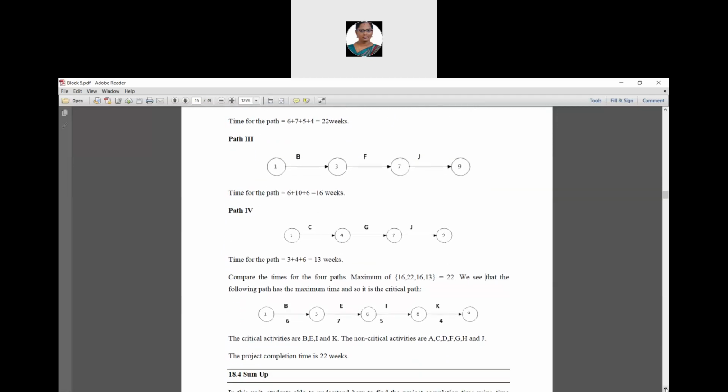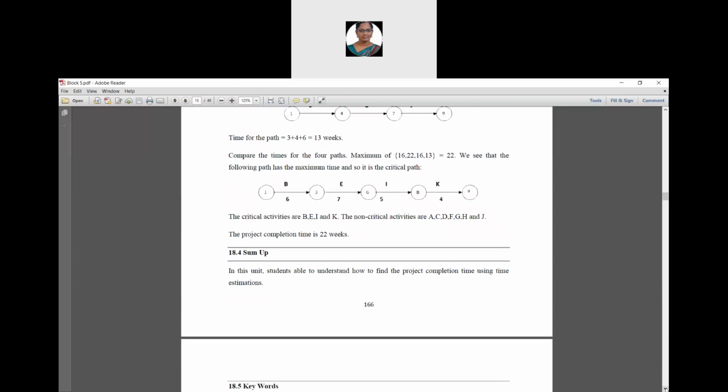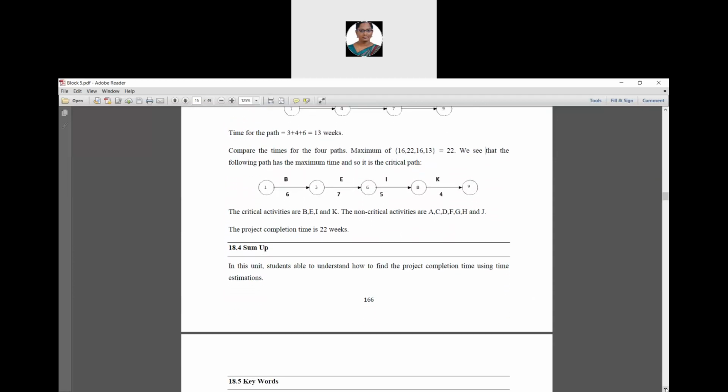So you have to find the project completion time using the time duration values. To sum up, you are able to understand how to calculate the project completion time using given time duration values. Then keywords have been given.